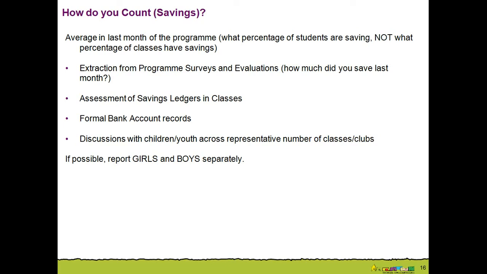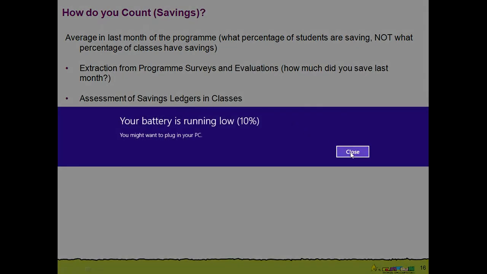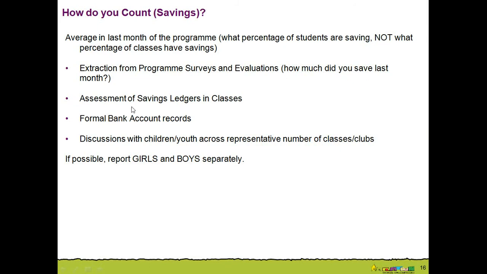It's also using a similar process as what's used for unemployment, where people ask just a previous week, were you employed or not, and that's the reference period. So for us, the reference period is the final month of the program. As I said, you can measure this through surveys. You can also measure this by calculating it from savings ledgers, and you can also use bank account records. Again, if possible, please report boys and girls separately.